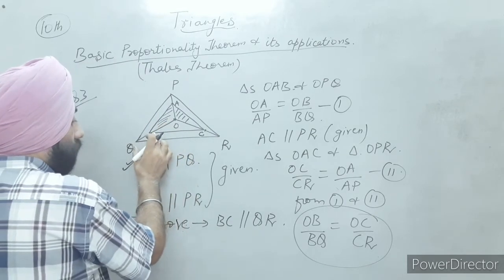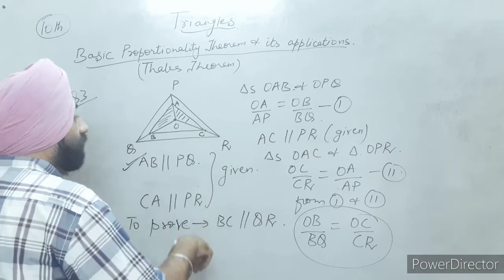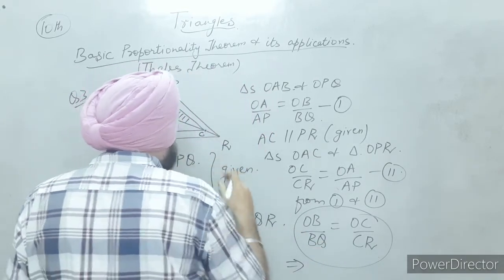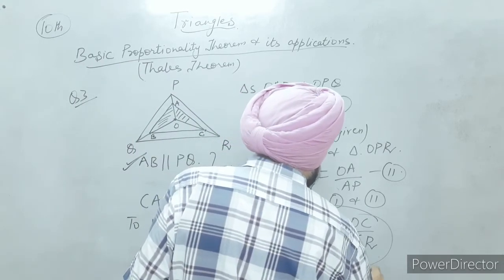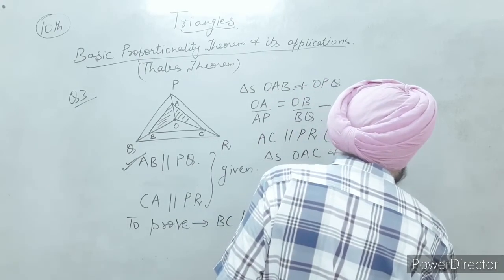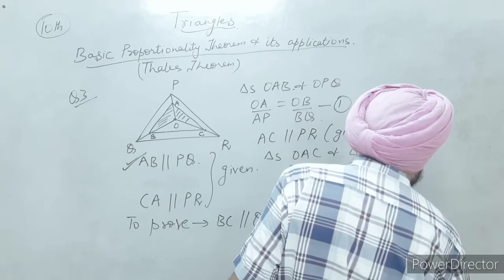OB upon BQ is equal to OC upon CR, which means what? It is BC is parallel to QR. This is nothing but the converse of the basic proportionality theorem.